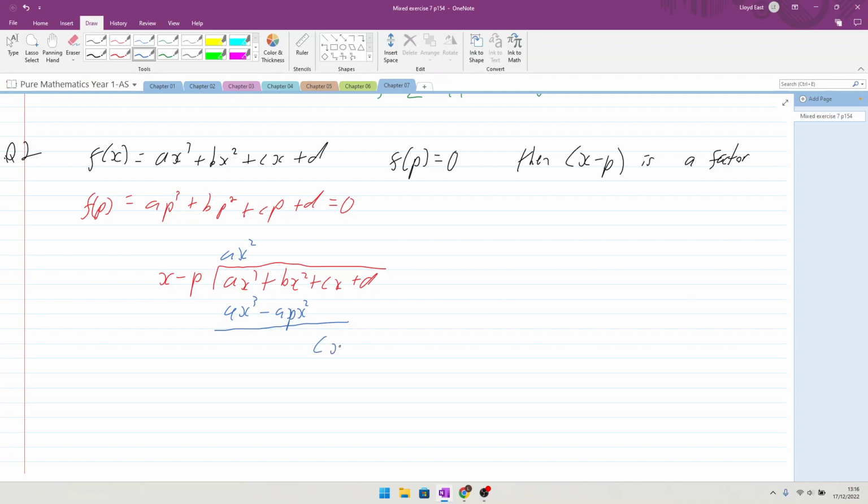Bring the cx down, change the signs, so we end up with a plus b ap plus bx squared.